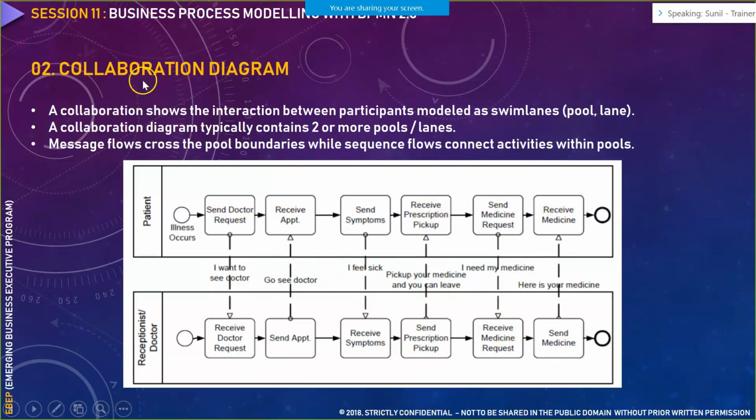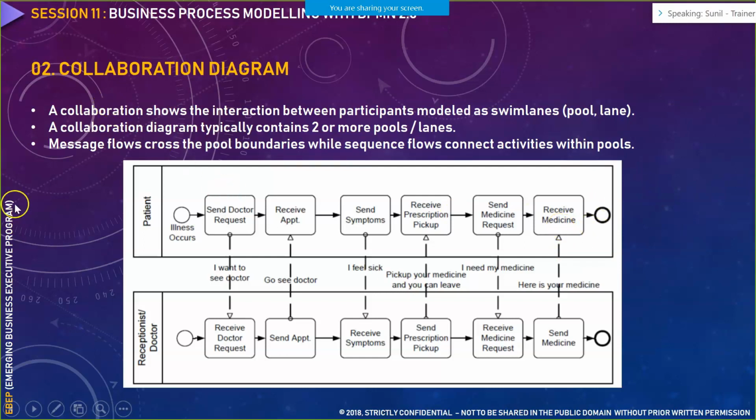So this is what the collaboration diagram talks about, wherein you are constantly engaged, and until you receive your final information or final receipt of the information, the process would not end. Until your communication ends in a two-way mode, it doesn't end the particular process.